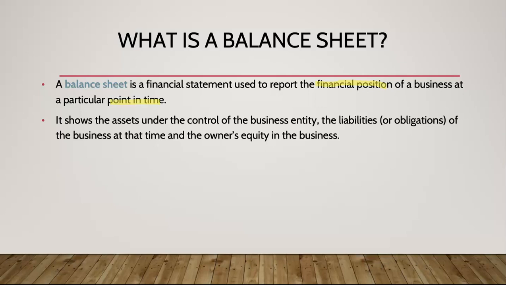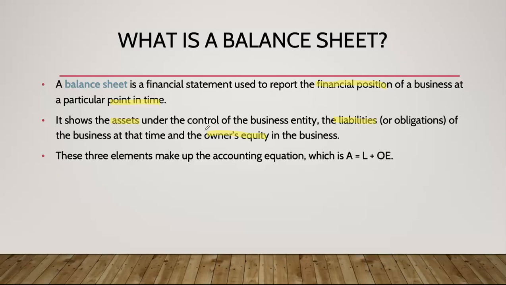It is going to show all of the assets under the control of the business, all of the liabilities, remembering our liabilities are obligations, or simplistically something that we potentially owe to someone else. And then the owner's equity, remembering owner's equity is our worth of the business to our business owner, which is our assets minus liabilities.